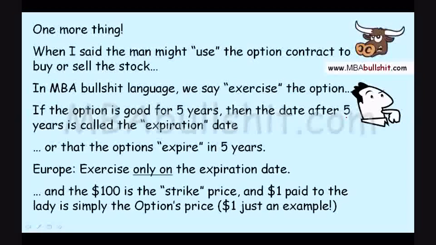And don't confuse that with the option price, which is simply the $1 that he paid the lady in order for the lady to agree to the option contract with him. And lastly, take note that in real life, the man and the woman, that old lady, do not deal directly, and instead options are traded on what we call an options exchange.